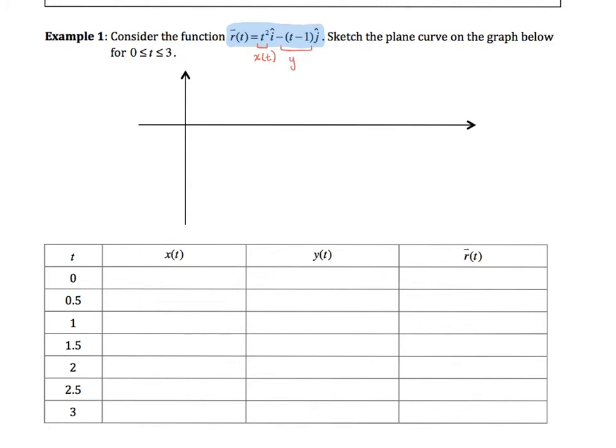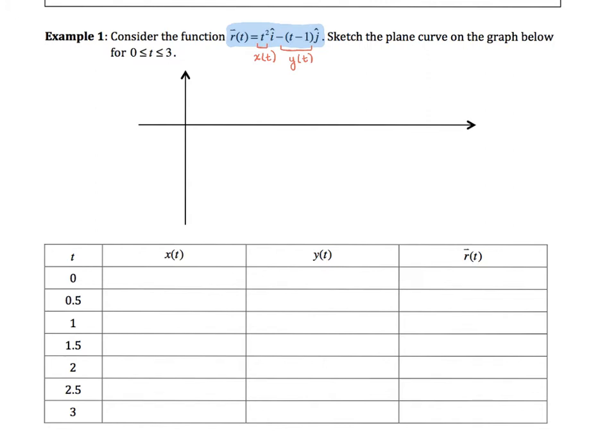I would actually like to make one modification here because technically, if you scroll back up, we define r of t as some function of t times i hat plus some function of t times j hat. And here we have a minus, so I think it just might be easier, honestly, if we rewrite r of t.